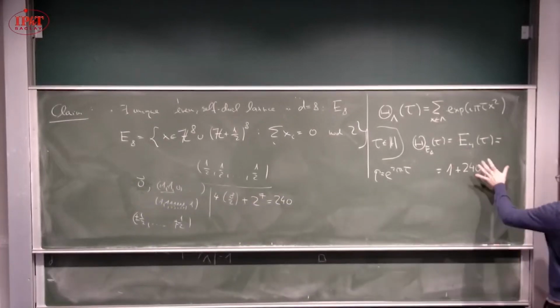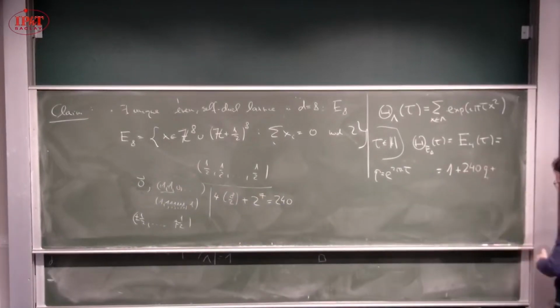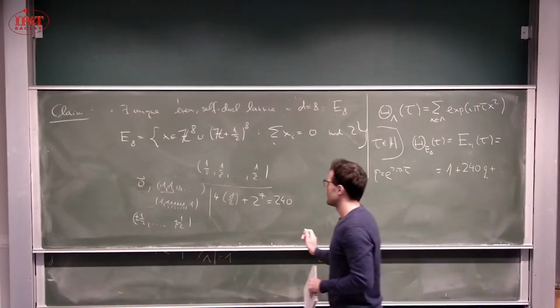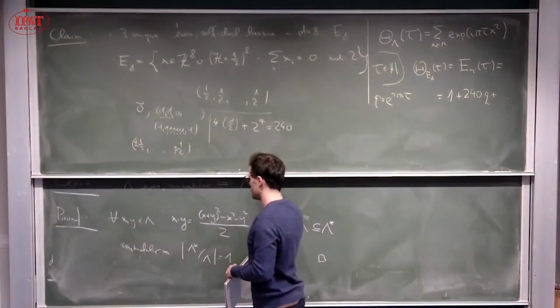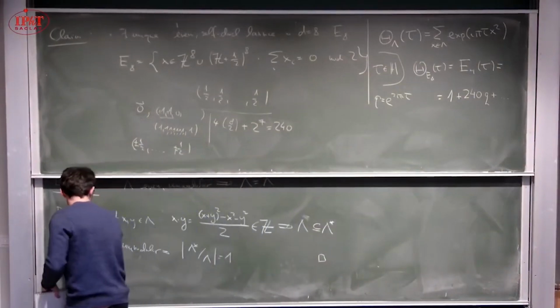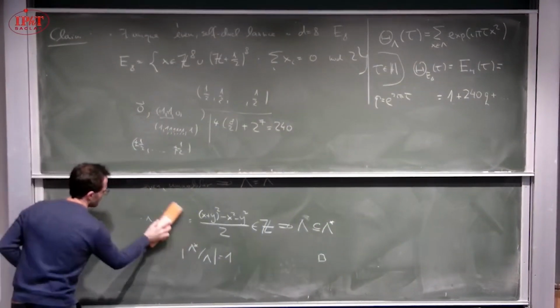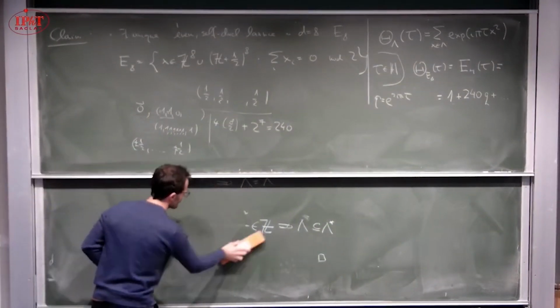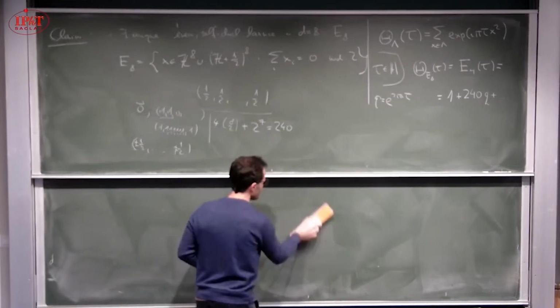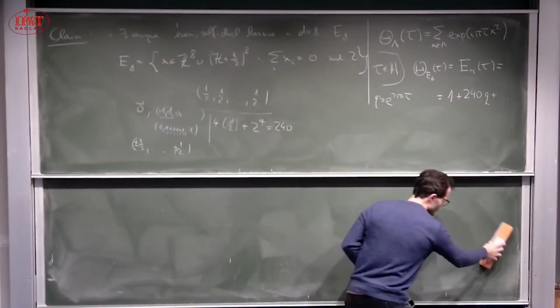But the theta series gives you a whole formula for how many there are. Now the Leech lattice. The Leech lattice is significantly more mysterious than the E8 lattice, but it's also unique in a sense.